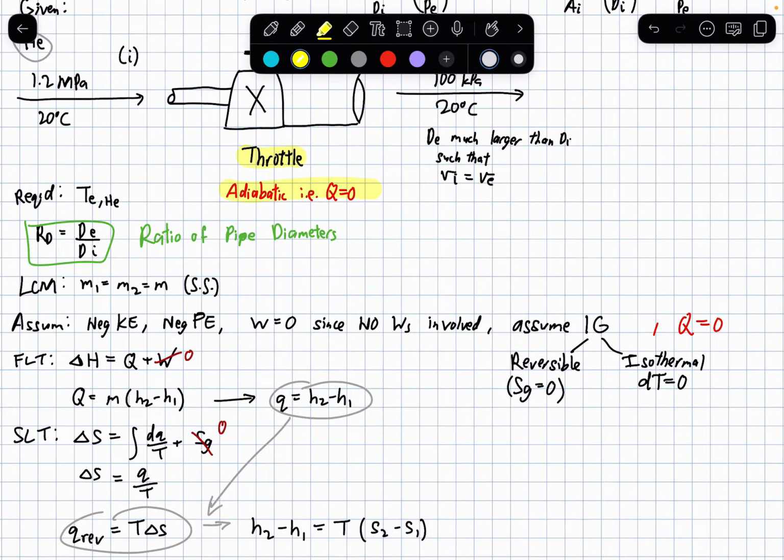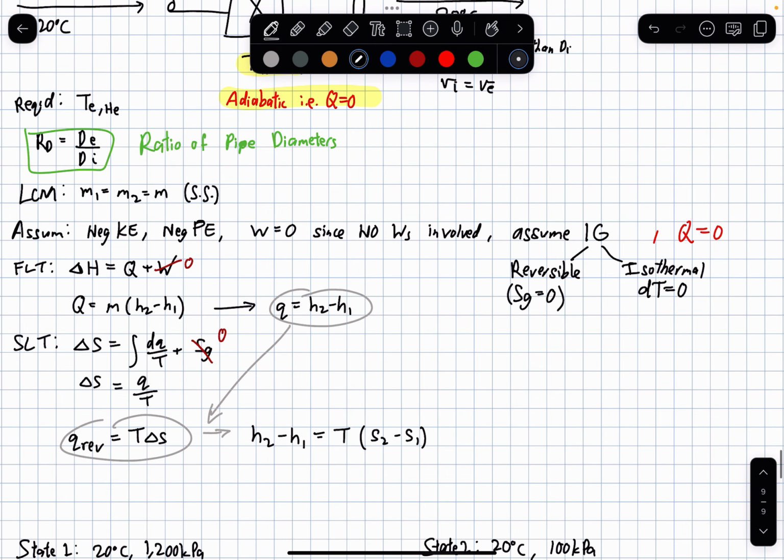The throttle is fundamentally adiabatic. So Q is 0 also.